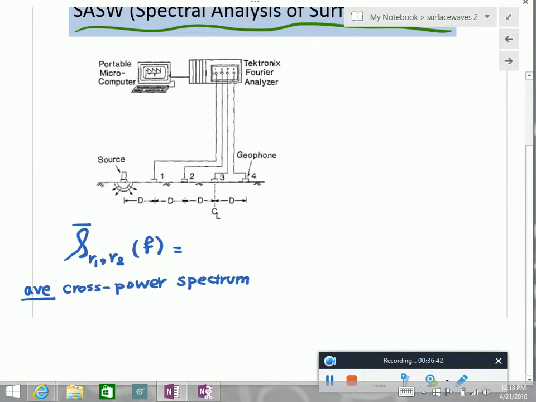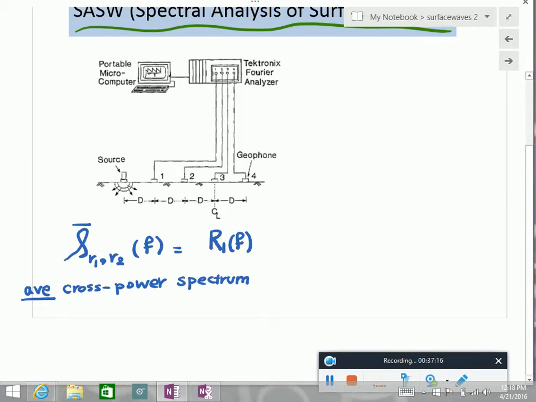Now, cross power spectrum is nothing else but the frequency transform, the FFT, of cross correlation. And remember that I told you that when you have some sort of convolution or cross-correlation type operation, in frequency domain it will be just multiplication. So it's very simple. We just multiply the spectrum of the first receiver.